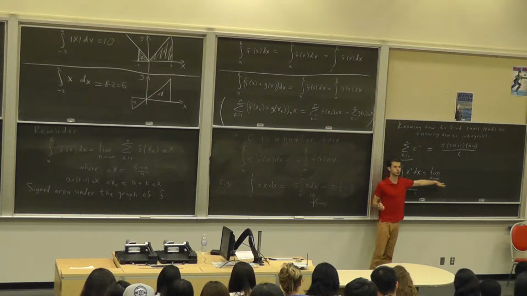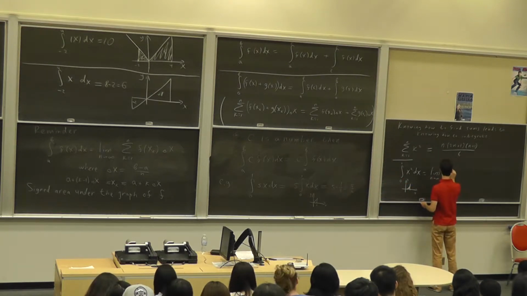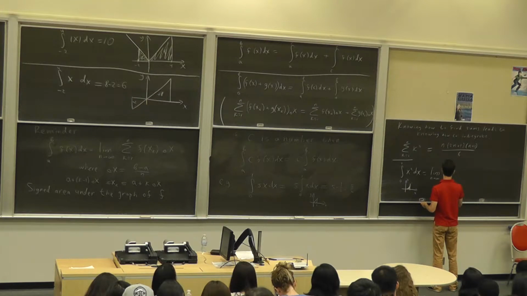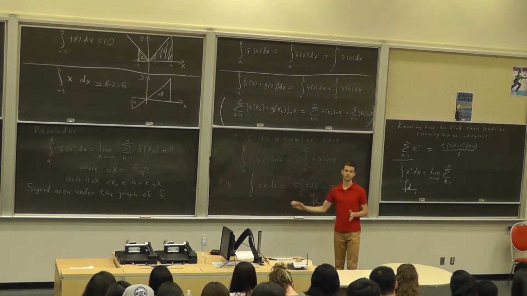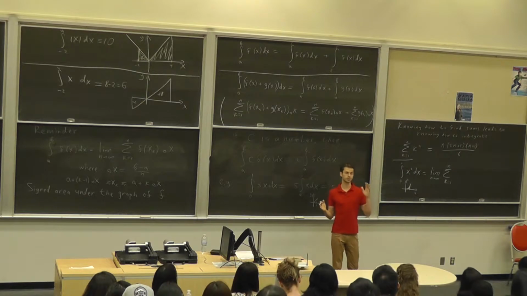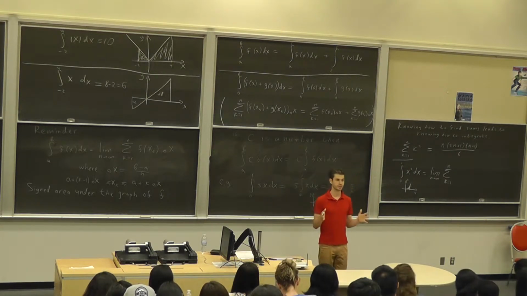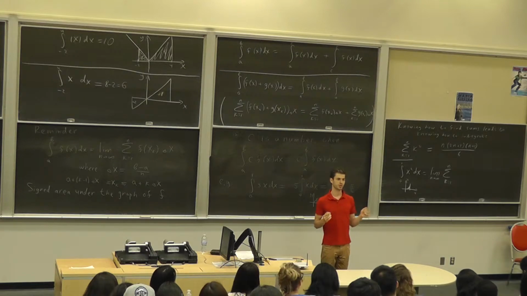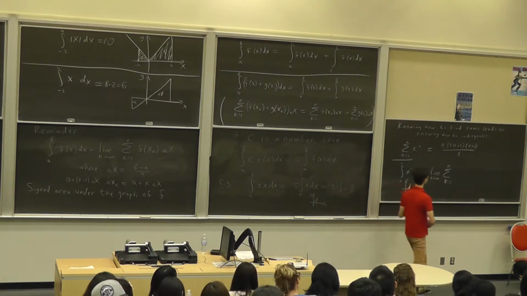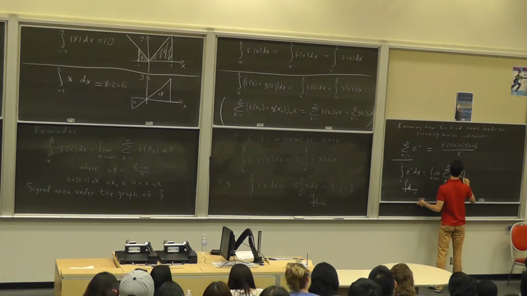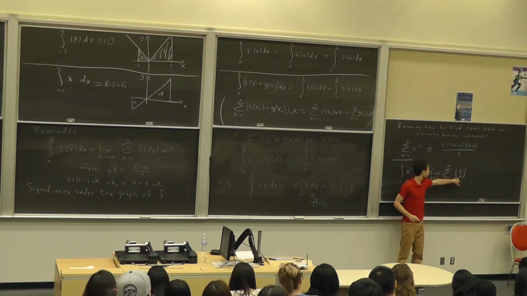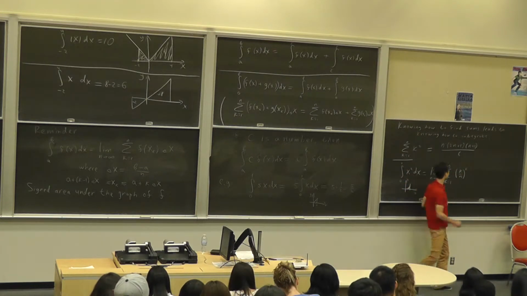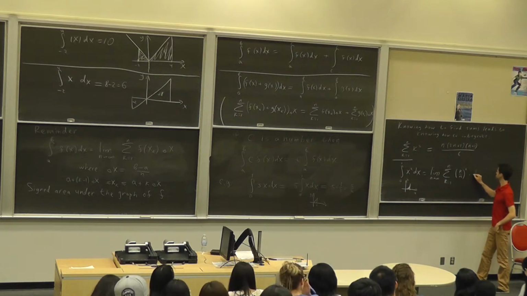First of all, it's a limit as n goes to infinity of a particular sum, from k from 1 to n. Now let me choose, let's say, right Riemann sums. So subdivide the interval from 0 to 1 into n equal subintervals. And the right endpoint of the kth one is going to be k over n. At this point, k over n, I will find the value of my function and multiply it by the length of the subinterval, which is 1 over n.